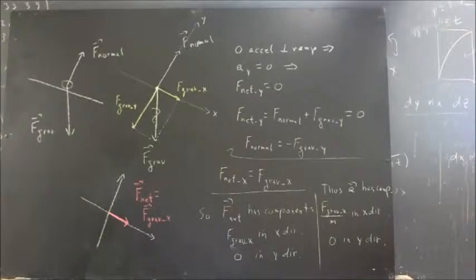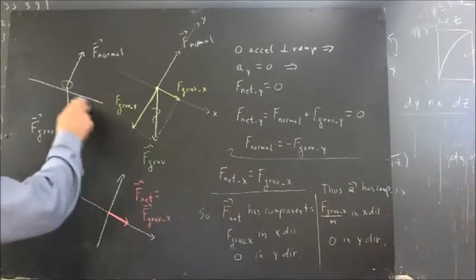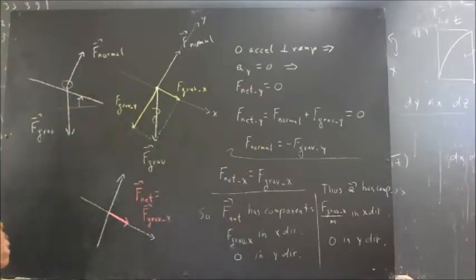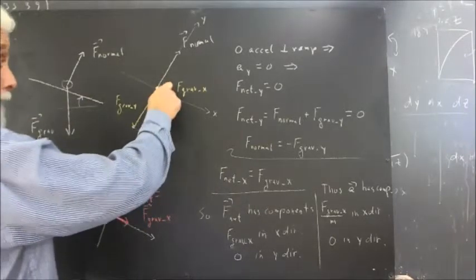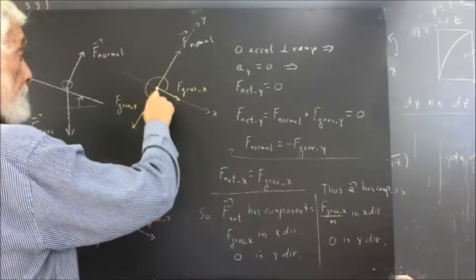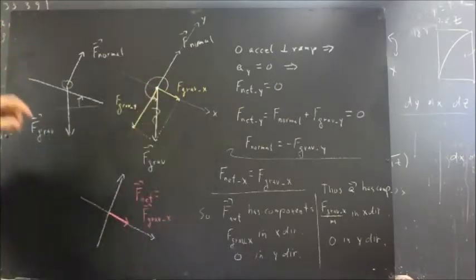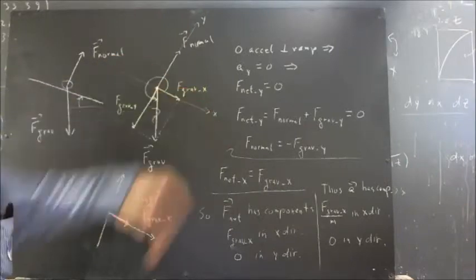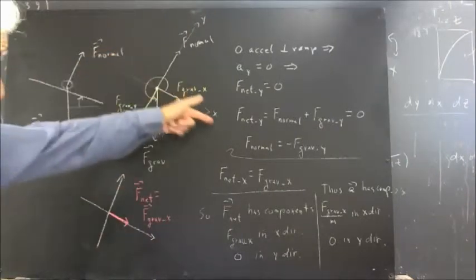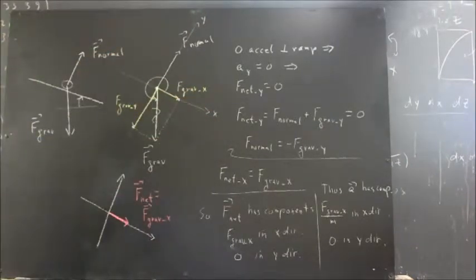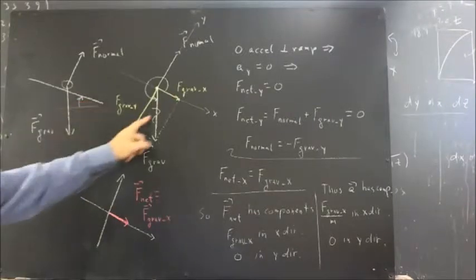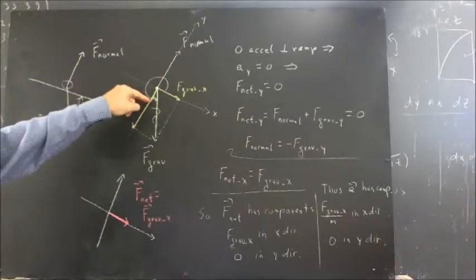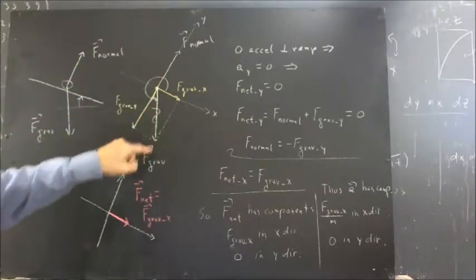One other comment, if we know the angle of this ramp, then we can easily find the angle of the gravitational force vector with respect to the positive x-axis running along the ramp. This angle here and this angle here will be identical. So if we just add 270 degrees to this angle, we'll get this angle.